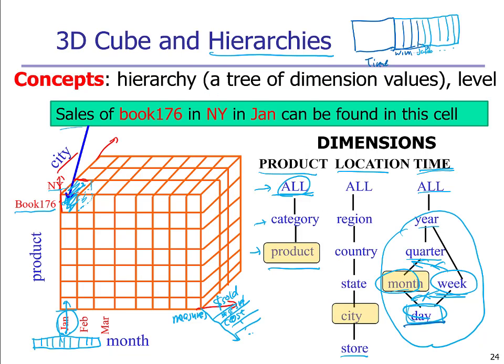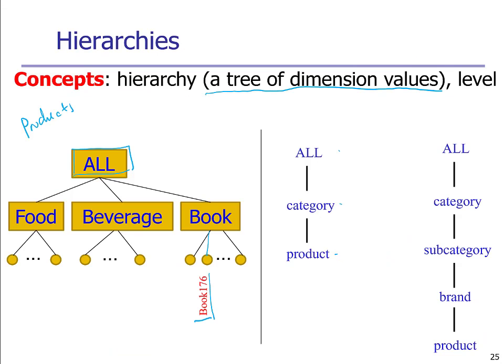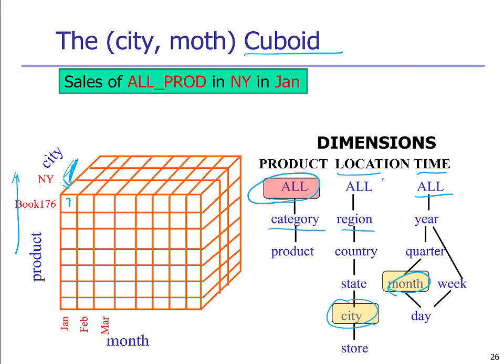And within this hierarchy, this kind of relationship between different levels actually helps us to build different cuboids.